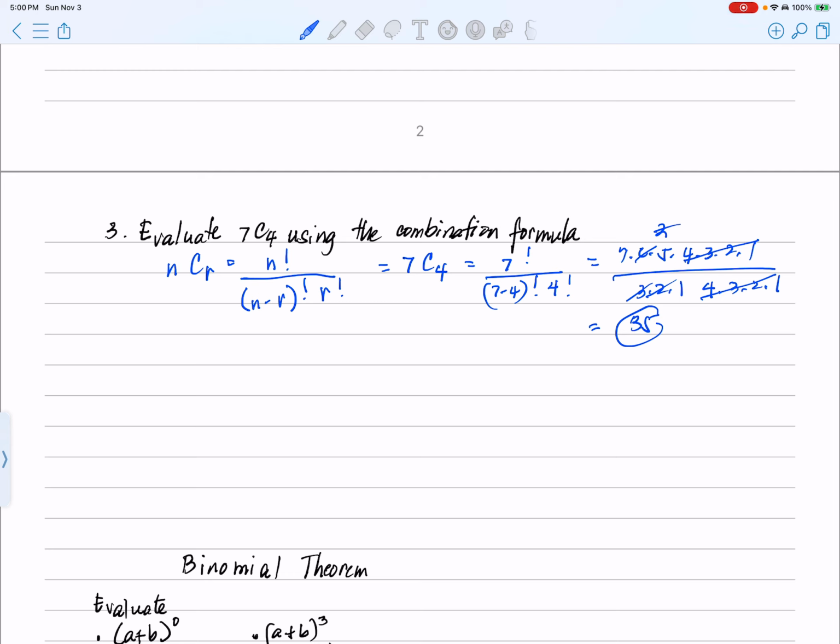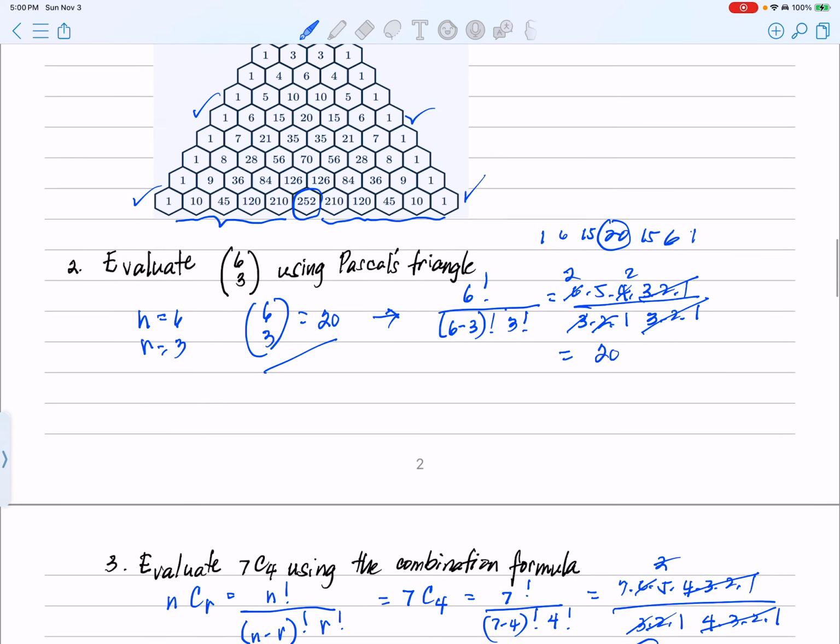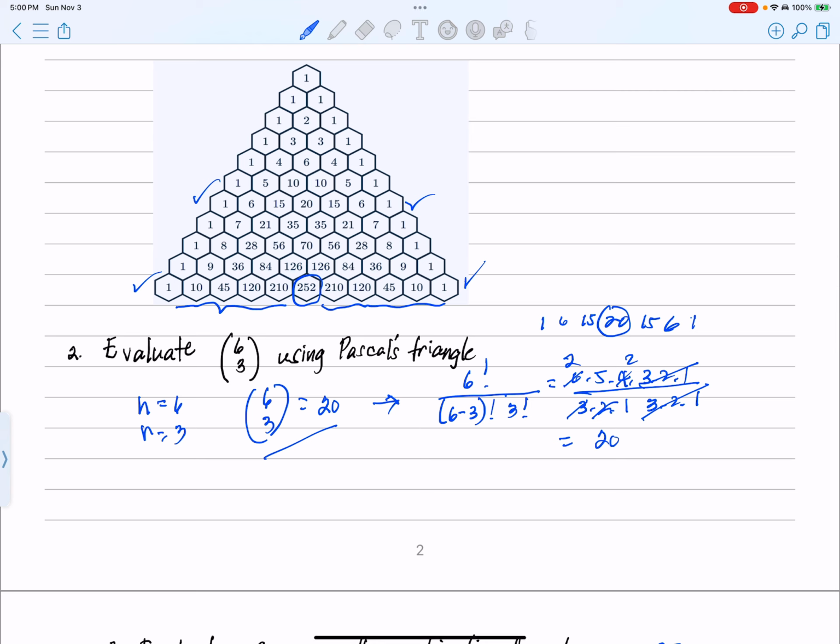Okay. Well, let's do this using Pascal's triangle. 7 choose 4. So, 7th row, then 4. 1, 2, 3, 4. I have it as 35.